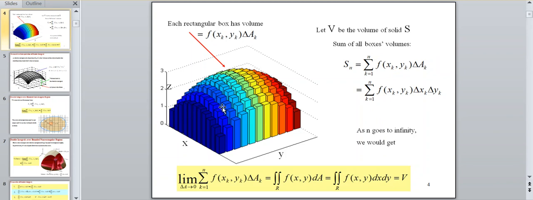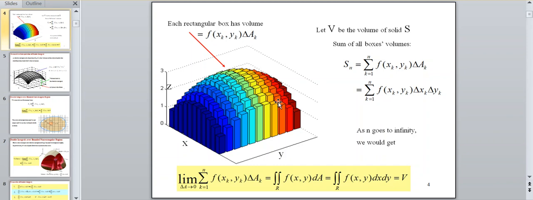So if you have a positive function on region R, when you take the double integral of f on region R, where dA equals dx dy or dy dx, this means volume. This is the geometrical meaning of a double integral of a positive function on region R.